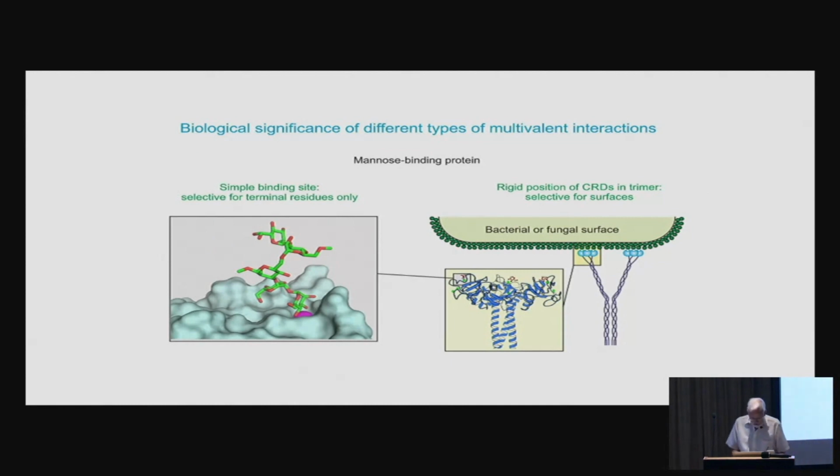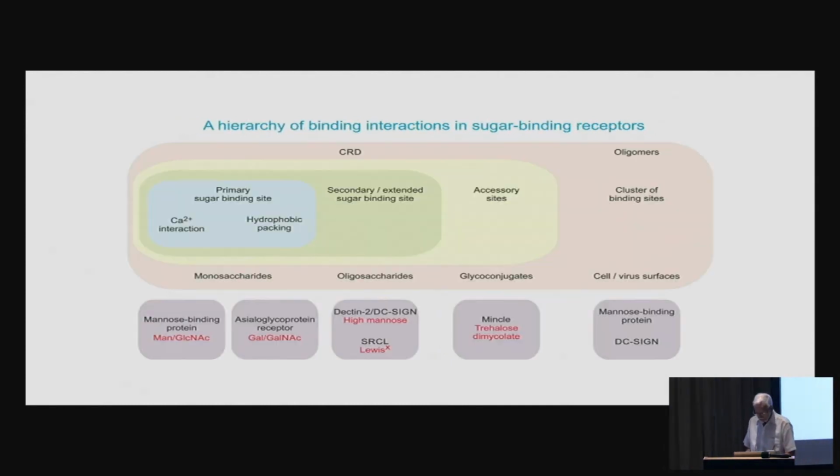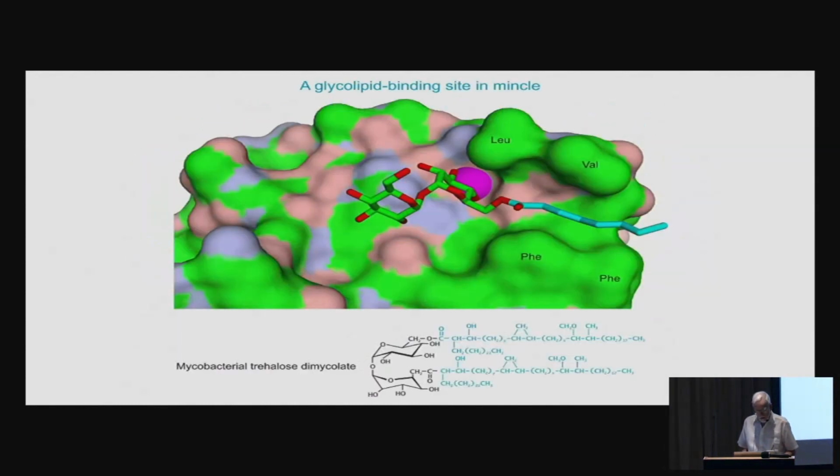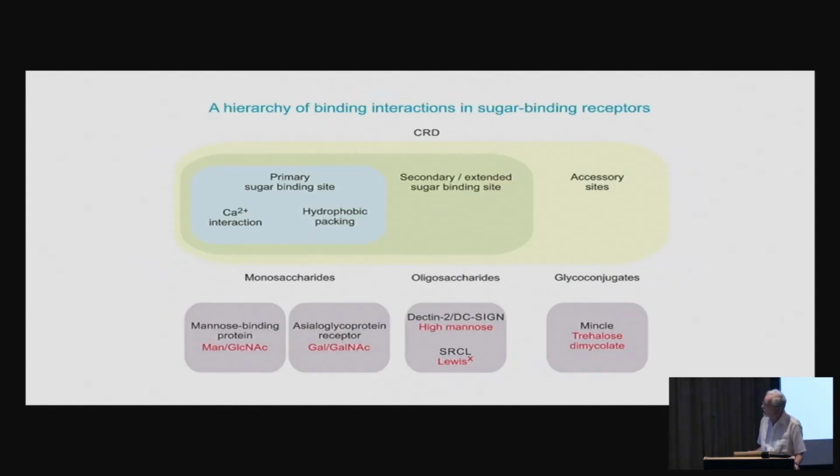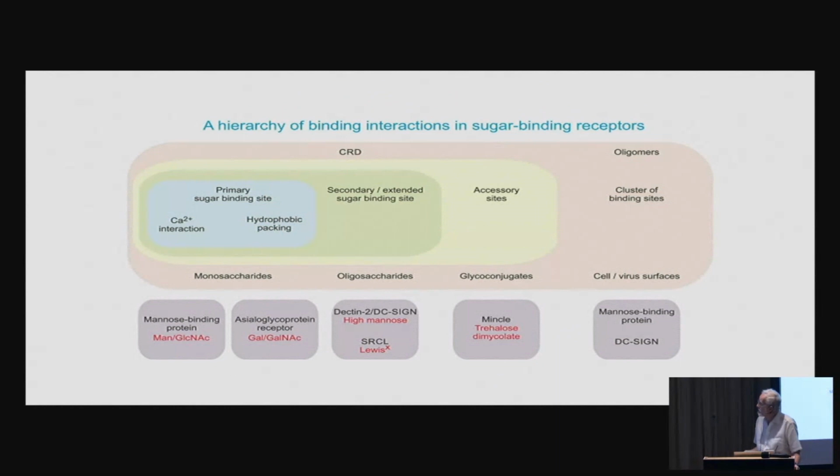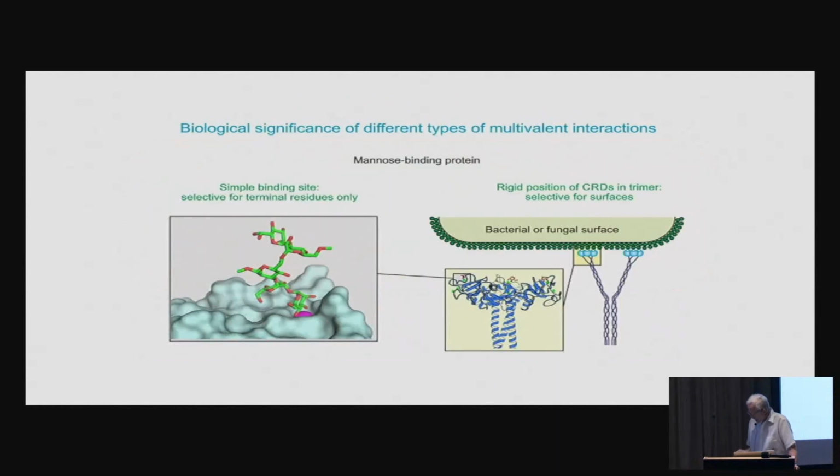The first of these is a protein that Maureen already alluded to, mannose binding protein. Sorry, I managed to hit the key there. Mannose binding protein consists, in the first instance, of trimers, which have 3 sugar binding sites.